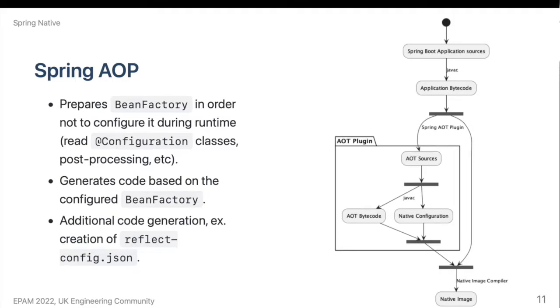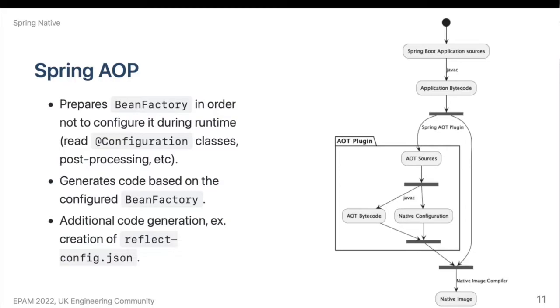What's happening? You remember that we're talking about the closed world, and it means that everything which is available at build time will be included into your native image. And as you remember, Spring does a lot of things at runtime.